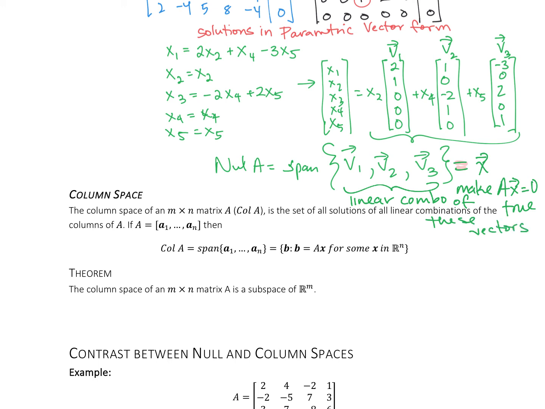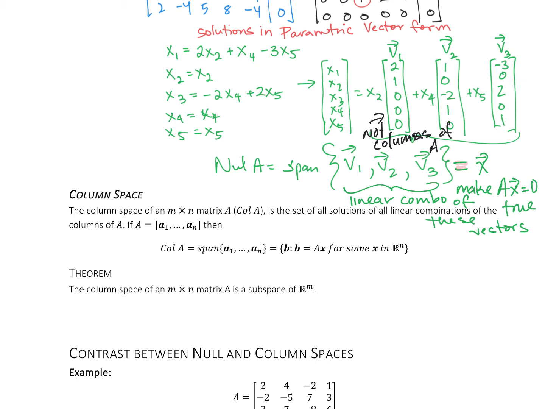Now, it's going to sound like the column space is exactly the same as that, but I promise you they are different. The column space is what happens when you take the linear combinations of all of the columns of A. You'll notice these here are not columns of A. They are vectors.